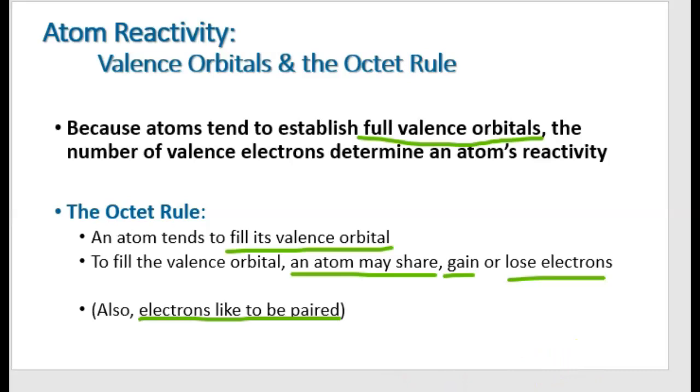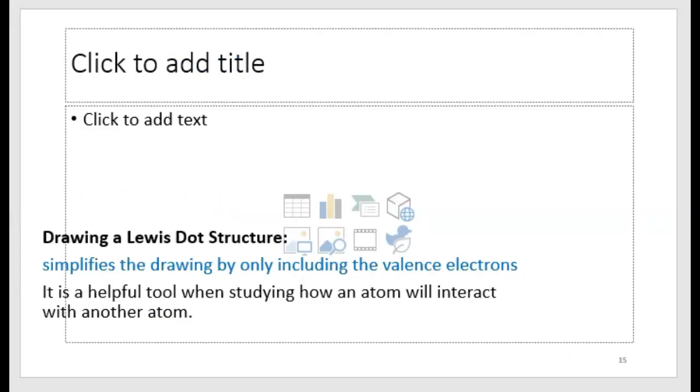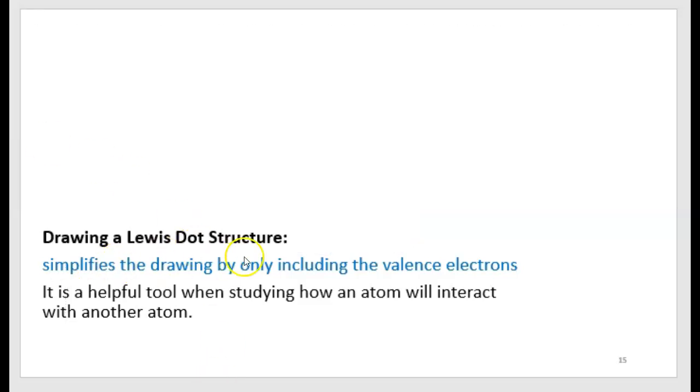So we're going to look at where these electrons are located by drawing some Lewis dot structures. A Lewis dot structure is a drawing that simplifies an atom and includes the atomic symbol plus just the valence electrons.